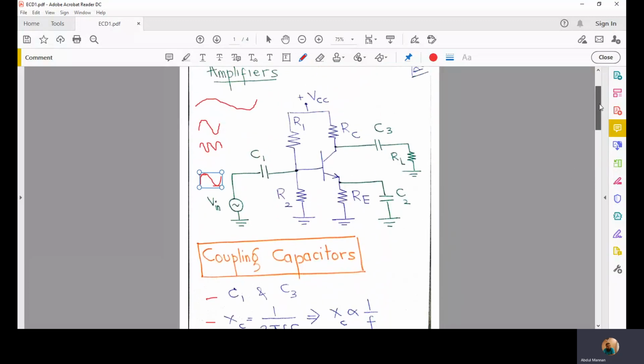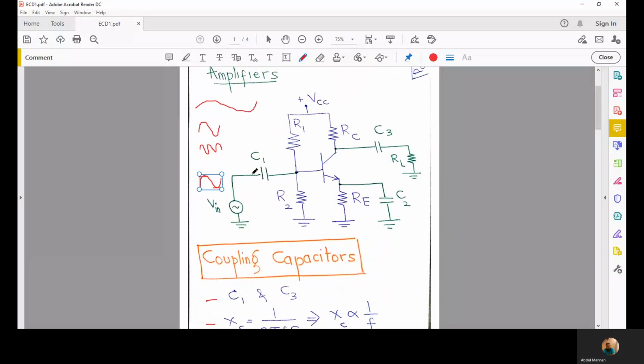So what is the disadvantage of having a larger Xc1, a larger impedance here and a larger impedance there? It's obvious. If we have a large impedance here, there will be a large voltage drop across this capacitor. This means we'll get a smaller voltage here to be amplified. And once it is amplified, a part of it, in fact a larger part of it, will be dropped across capacitor C3 and we'll get a smaller voltage across RL.